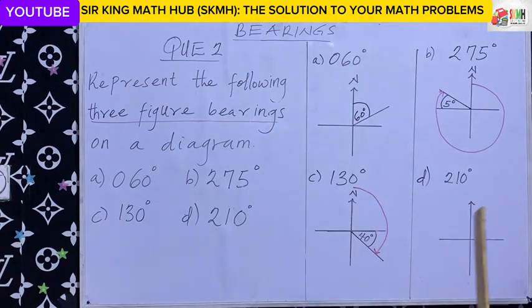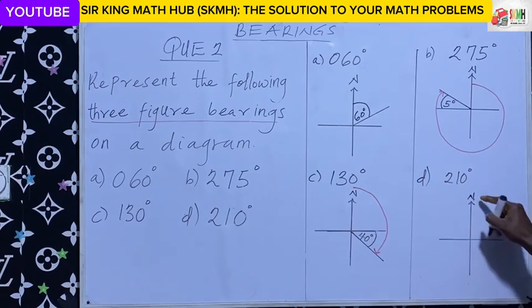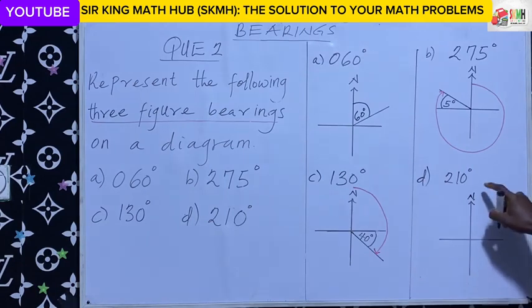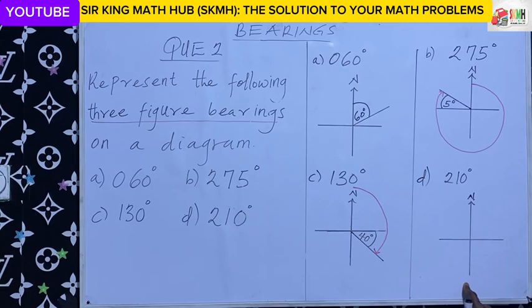So now, starting from the geographical north to the east, that means that we have to cover 90 degrees. From the geographical north to the south, that should give us 180 degrees. And then we know that from the geographical north to the west, that should be 270 degrees. So meaning that 210 degrees will be in this particular quadrant.